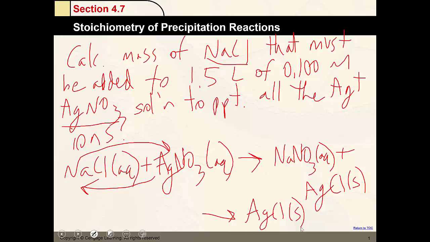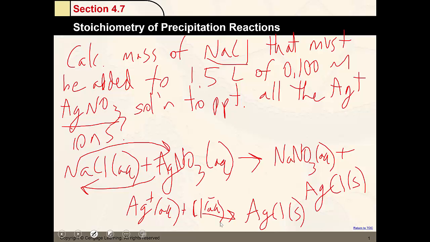And a trick for writing the net ionic equation without having to write the complete ionic equation is if you look at the solid product, the precipitate, the two ions that are in that solid product will combine to form that. So AgCl comes from the silver ion, the Ag+ ion, as well as the chloride ion, both of which are aqueous.